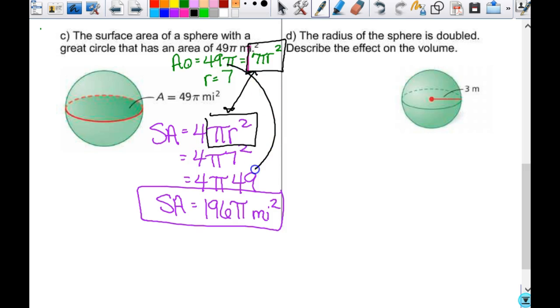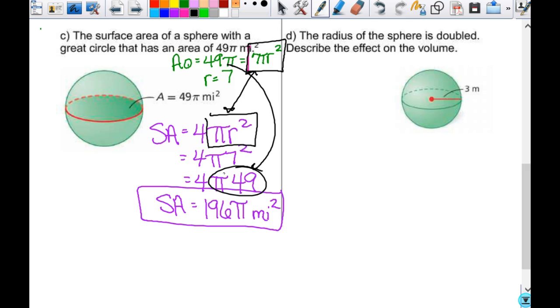That 49 pi came in right there. So when you substitute, it doesn't have to be a single variable. It doesn't always have to be x or r. If you get x squared equals 27 and you have to substitute an x squared in somewhere, you don't have to find the square root and then re-square it. Same thing here. Now you have to be able to recognize that stuff and use it correctly. I mean, it wasn't that big of a deal to find r, but just understand that you can do that a little bit differently.